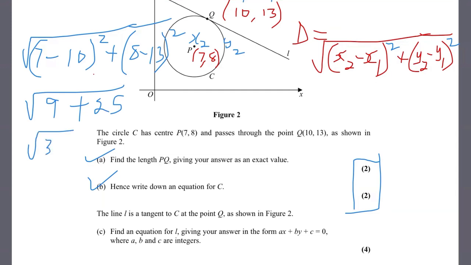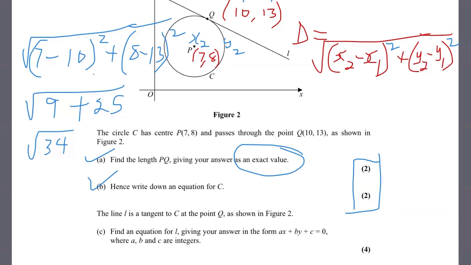I like your speed, but let us not be in too much of a haste, right? Don't forget it says give your answer as an exact value. An exact value in this case means we leave our answer as root 34.